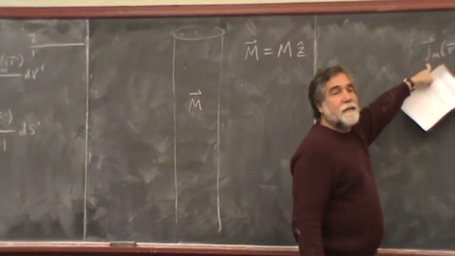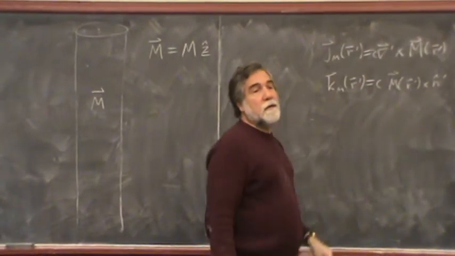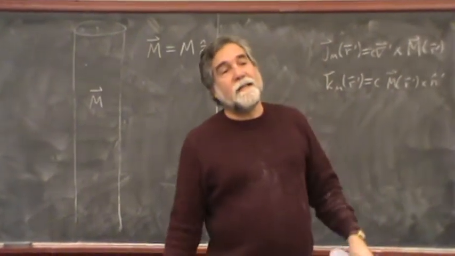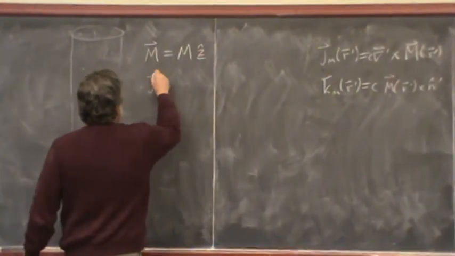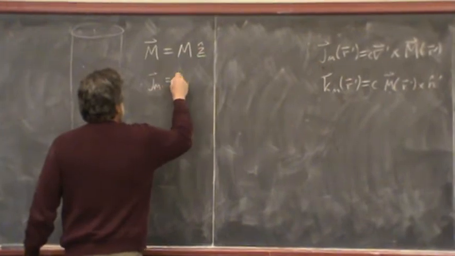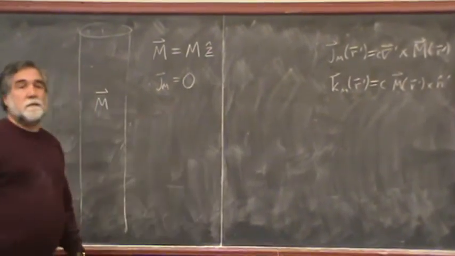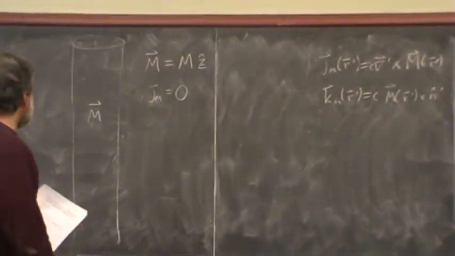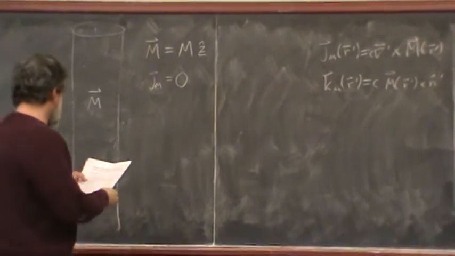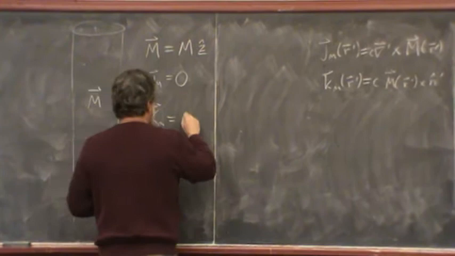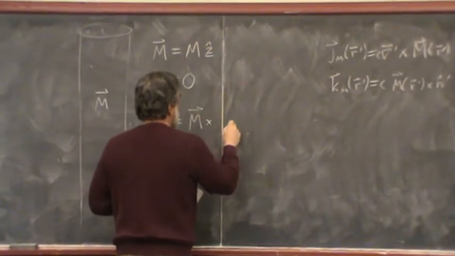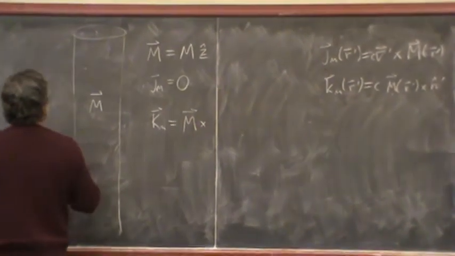The bulk current, the magnetization current, is the curl of the magnetization. Magnetization is a constant, so that means the bulk current is 0. Right? The surface current, wait, we do have a surface current, right? The surface current is the magnetization crossed into the normal to this surface.